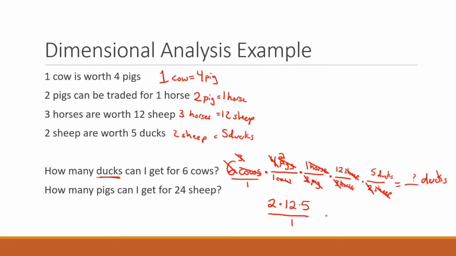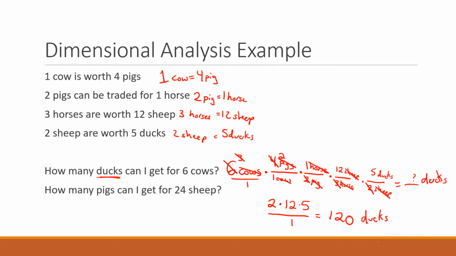And that's going to give me some number of ducks, because ducks is the only unit I have left. So when I solve this out, do this math, it gives me 120 ducks.